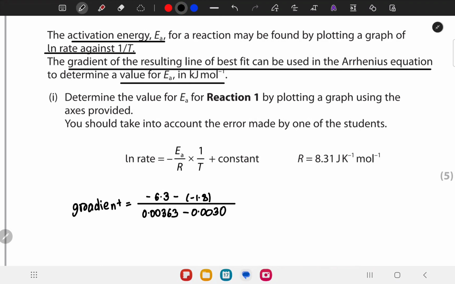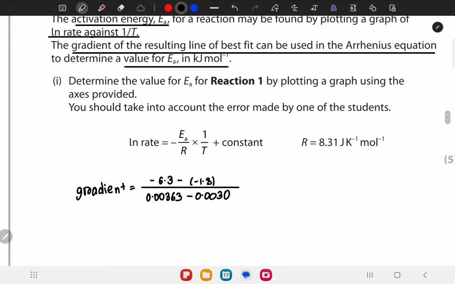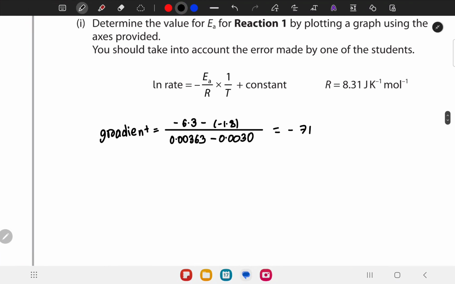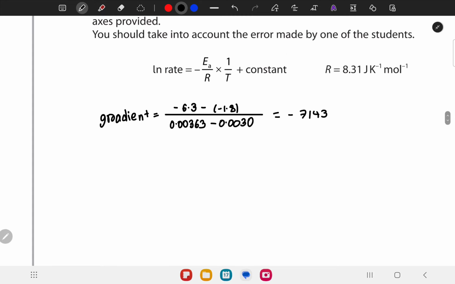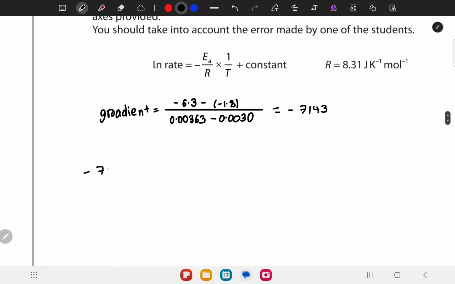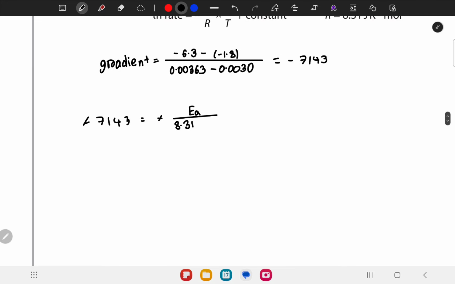If we calculate this, we'll get a gradient of minus 7143. Now the gradient is equal to minus EA by R, activation energy divided by 8.31. The minus signs cancel out.